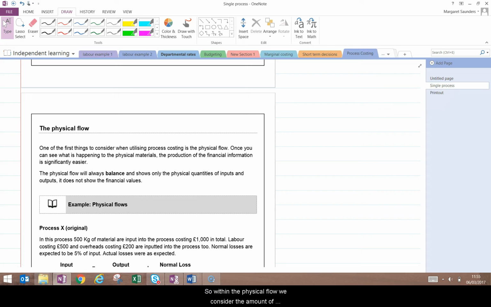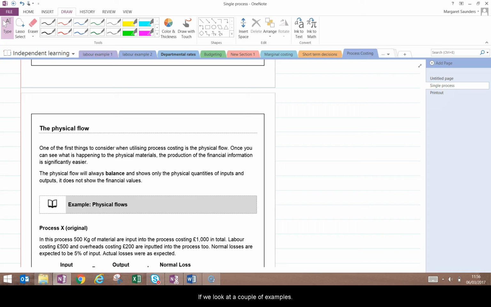So within the physical flow, we consider the amount of material that we have put into the process, and then we consider where that material has gone. So what has been the output, what has been any of the losses.